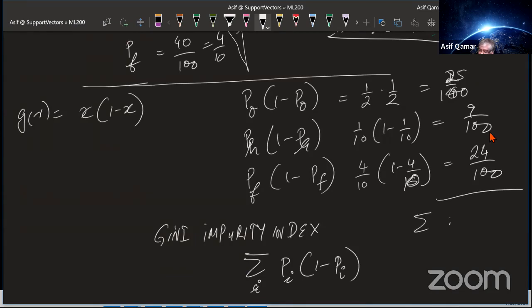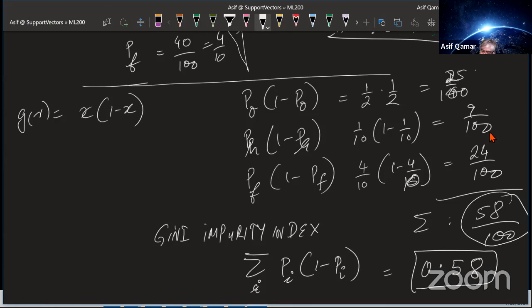If you sum it, it becomes 25 plus 9, 34, plus 24 is 58 over 100. Does this make sense, guys? So we say that this is 0.58, or 58 by 100. The Gini value is this.